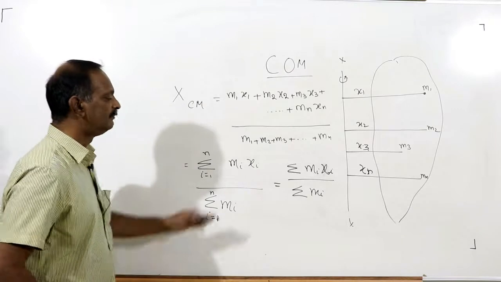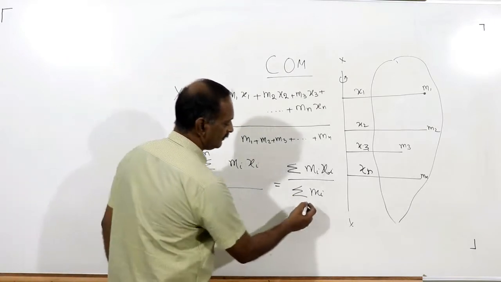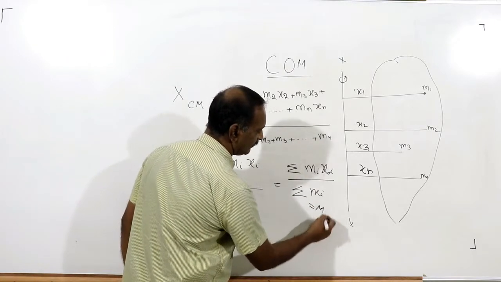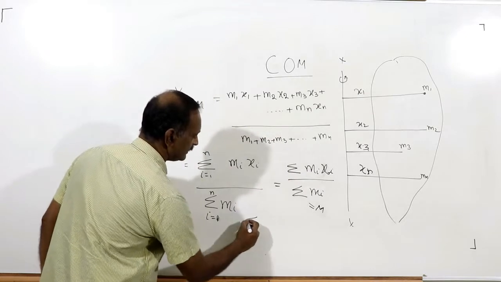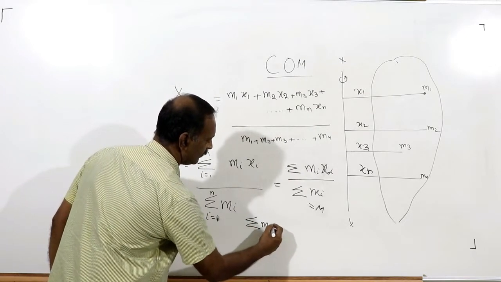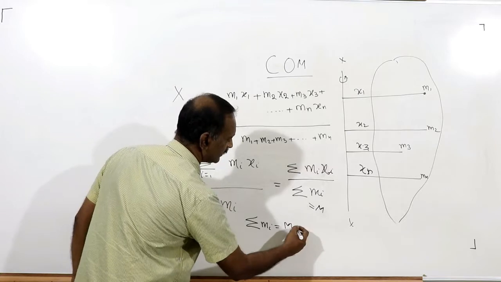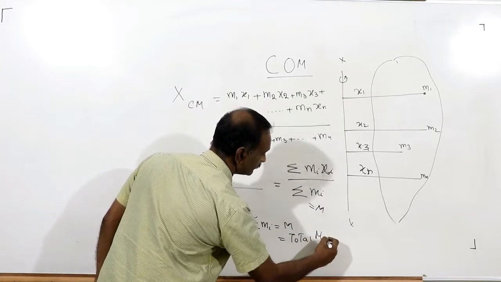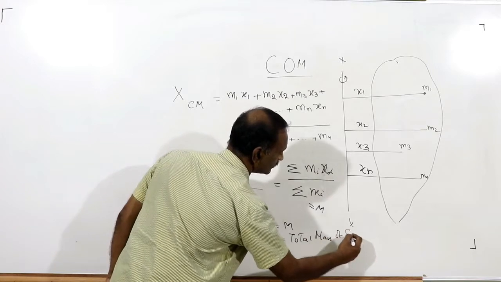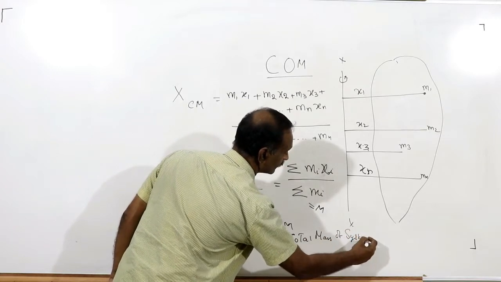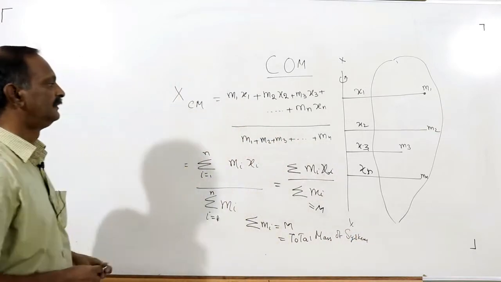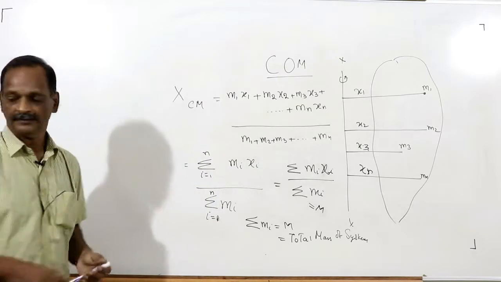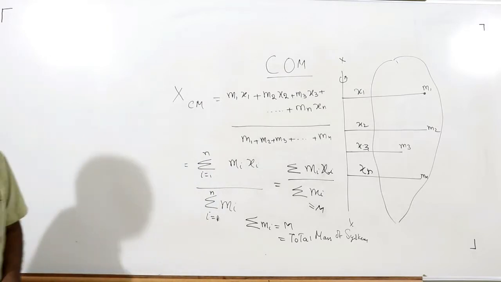What is sigma mi? The summation of all the masses, which we can call the total mass of the system of particles. This is the definition for center of mass.